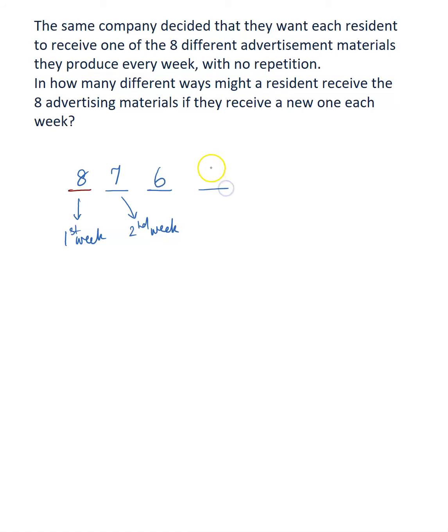So this will be week 4, week 5, week 6, week 7. And the last one goes out in week 8. So you have 8 materials and 1 per week. So what do you see here? We see that it's a fundamental counting principle, which means you have to multiply them, right?